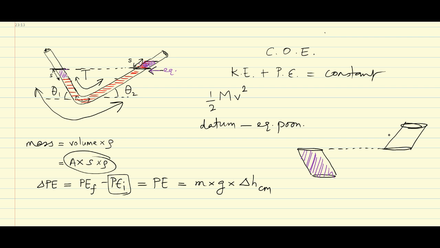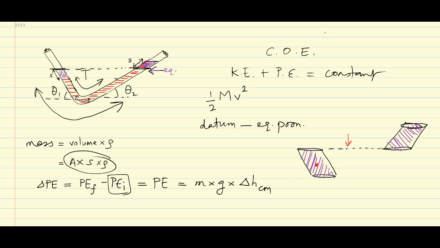So I'll shade that also in purple just to tell you clearly what I'm talking about. Now the original position of the CM is over here, right? Now let's try to calculate the perpendicular distance of the CM from this dotted line.